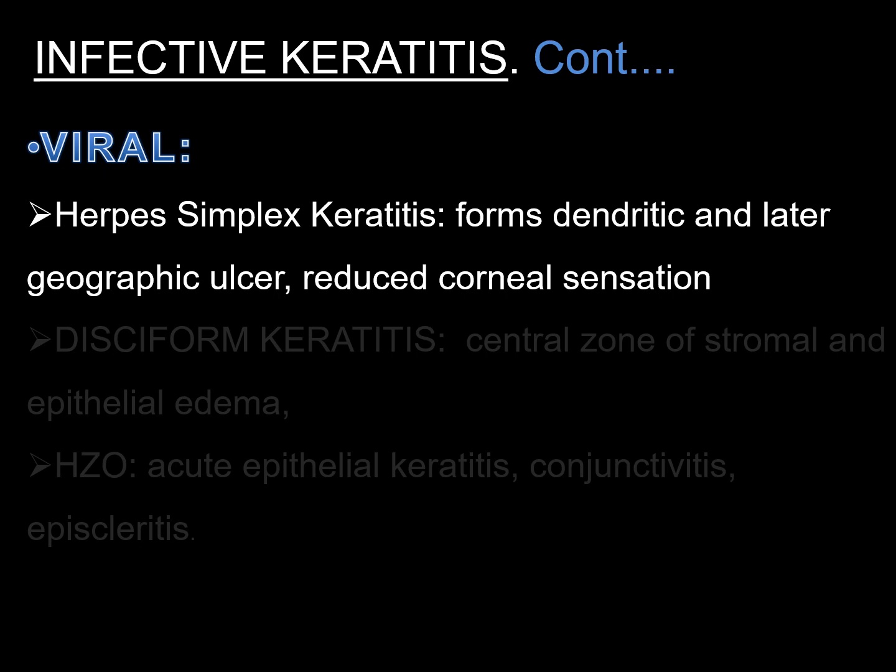So herpes simplex keratitis forms a very, very typical dendritic ulcer, which can later grow into a geographic ulcer that almost looks like a map in an atlas.